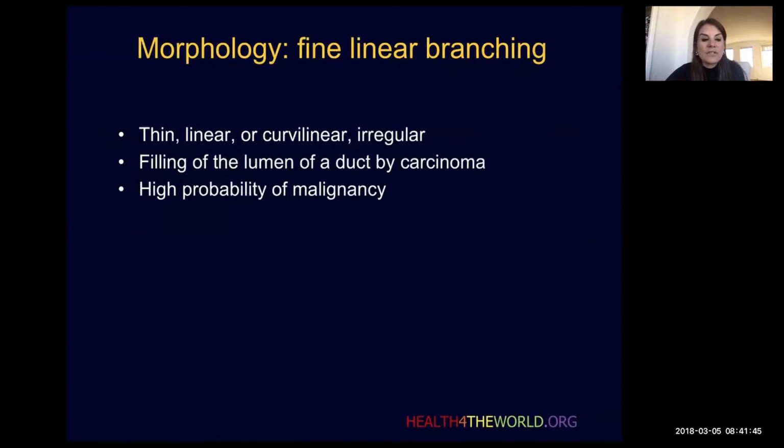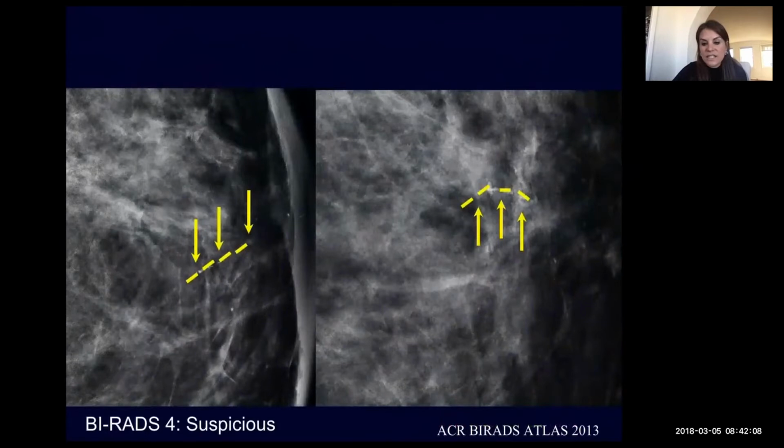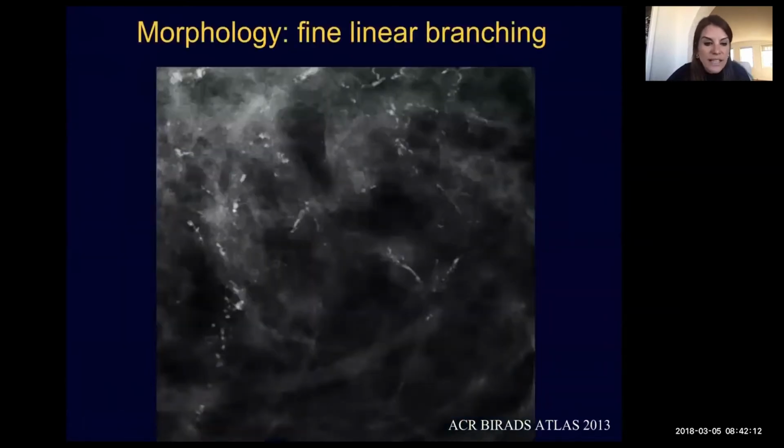Moving on to the most suspicious morphology for calcifications in the breast, fine linear branching calcifications. These are thin, linear, or curvilinear, irregular calcifications that result from the filling of a lumen of a duct by a cancer, and these have a high probability of malignancy. Here we see fine linear branching calcifications in a linear distribution, and these are a suspicious finding.